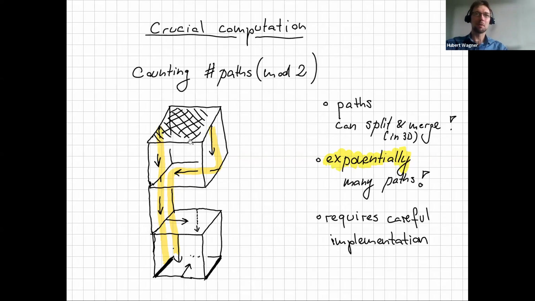So here, this would be one critical cell, and this is the other. We want to know how many paths there are between them. And here, there would be 2 paths. But now if I iterated this construction, if I glued this thing down below, I would be exponentially bumping up the number of those paths whenever I do this.